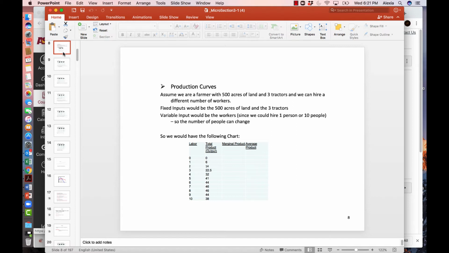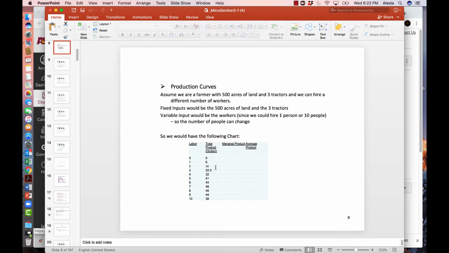So if we hire nobody, even with our 500 acres of land and 3 tractors, we're only going to get 0 output. In essence, you can have all the fixed inputs you want, but if nobody's working those machines, and even automated industries require some humans overseeing these machines, you would get no output.